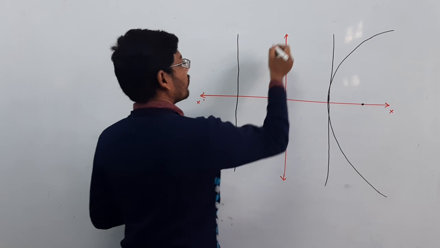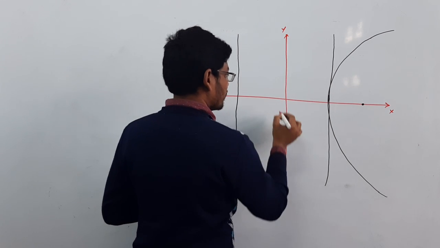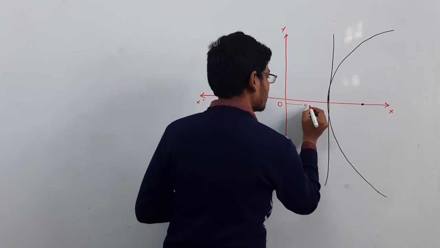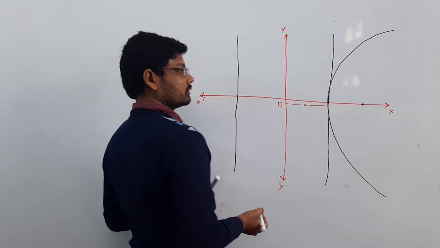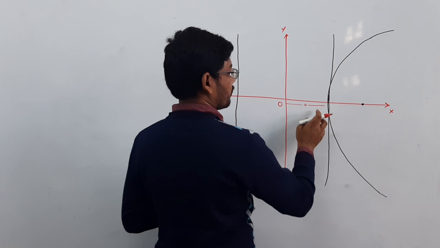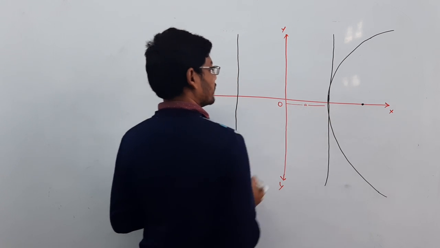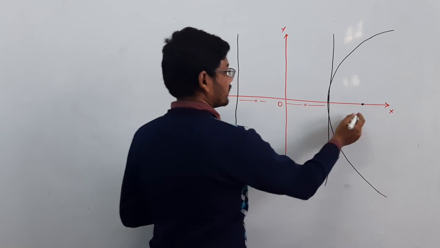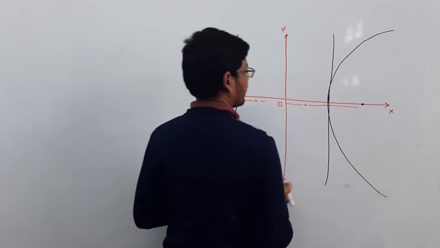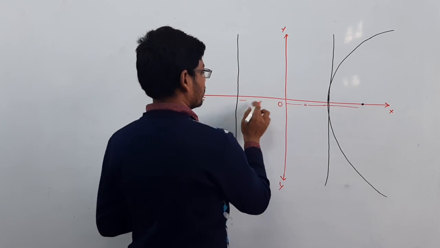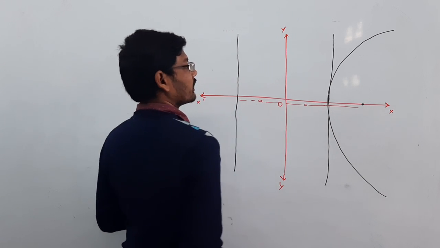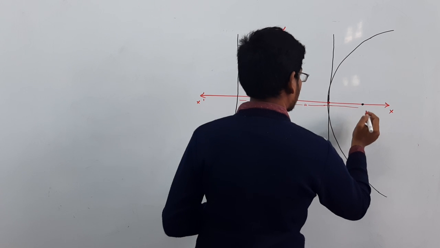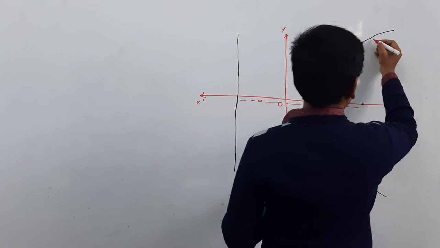X dash, y dash, this is the origin, and the distance between this point and this is a, I am taking here a, and this is also minus a, and the point of intersection, here I am explaining each and every point.